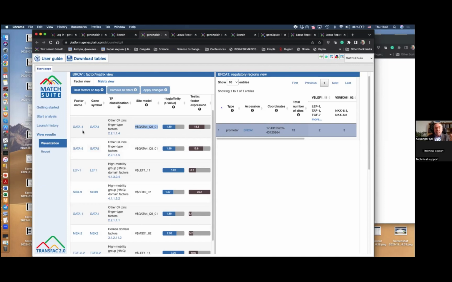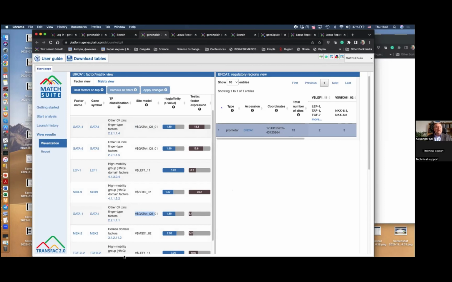It may be GATA4, but it may also be GATA5 or GATA1, which are associated with the same motif. So all GATAs have very similar binding sites, although the factors themselves play different roles in different tissues. And particularly this GATA4, as you can see, is really highly expressed in testis.